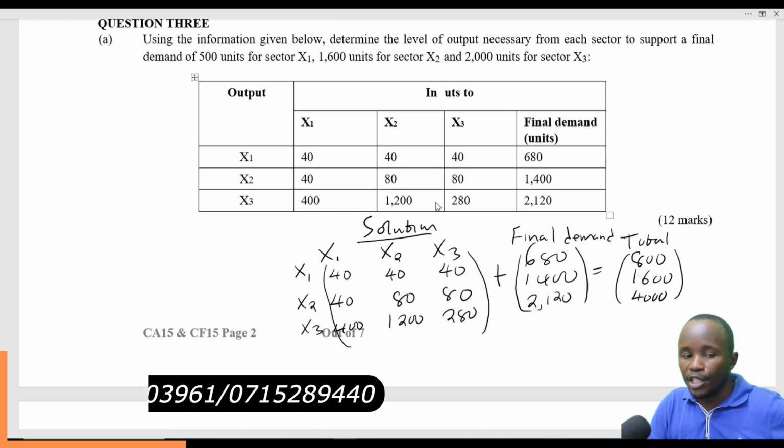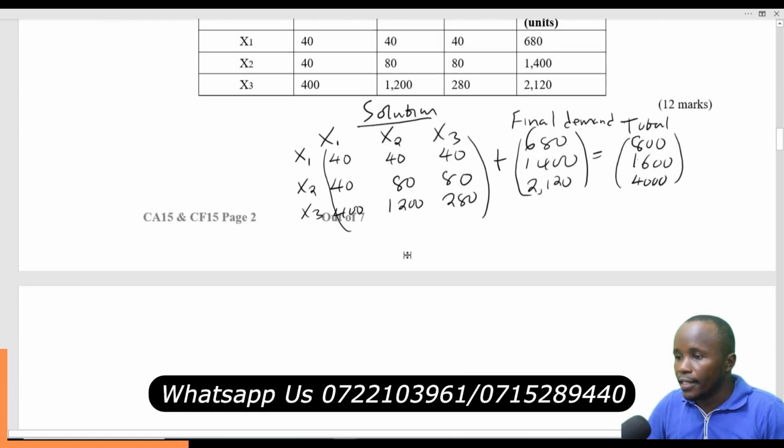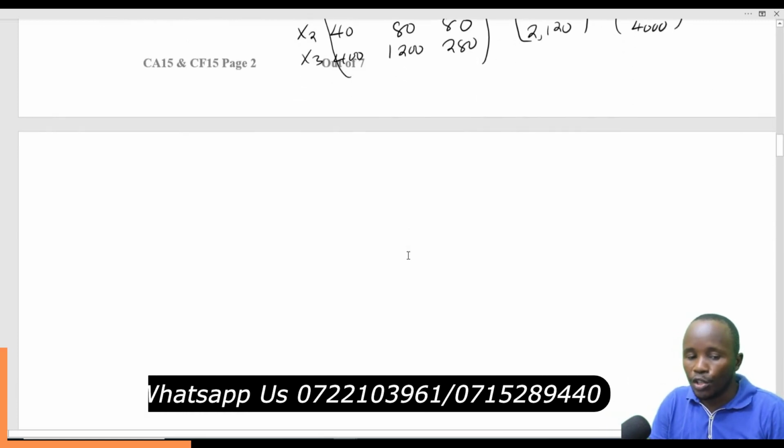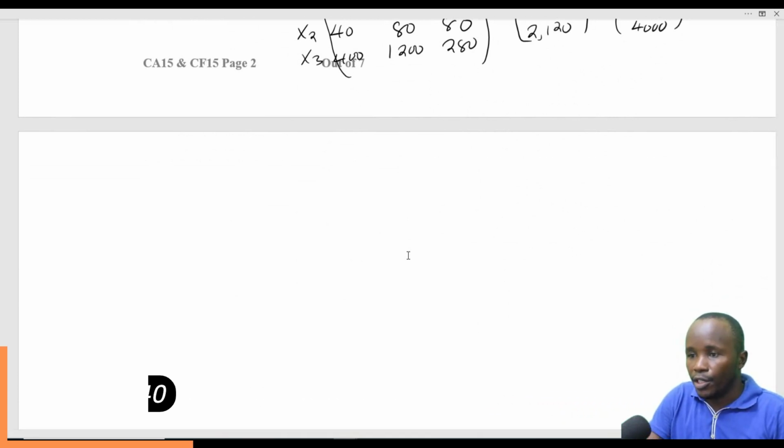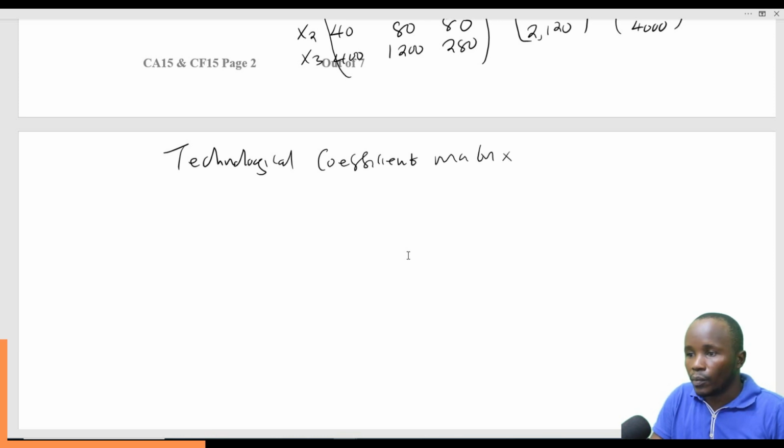Now, once you are able to get your matrices right, the next thing to do is to come up with the technological coefficient matrix. So I'm having X1, X2, X3, and also X1 on this side, X2, X3.